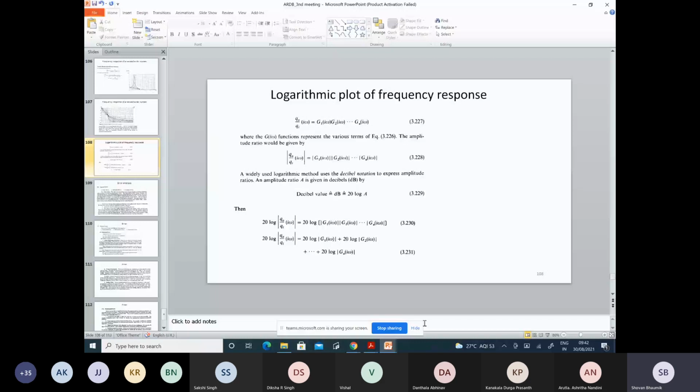From the ellipse you can calculate the axis angle theta, and that will be the phase angle. So from the Lissajous figure you know the phase angle, and you can plot it.